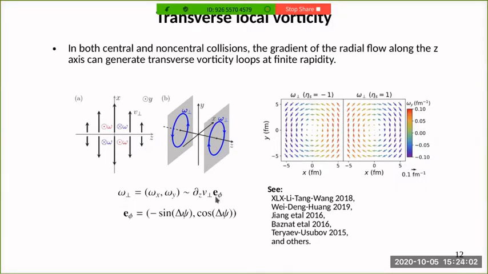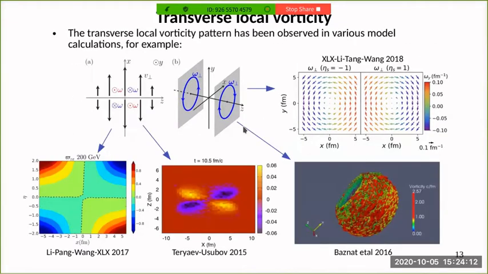Here, e_phi is the azimuthal direction circling around the z direction. And such a vorticity pattern has been observed in different model calculations. On this page, I showed some examples.